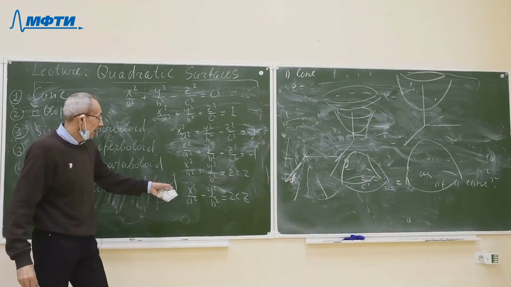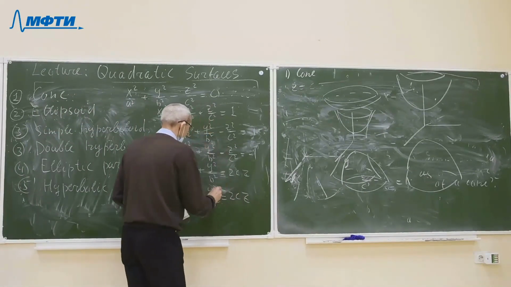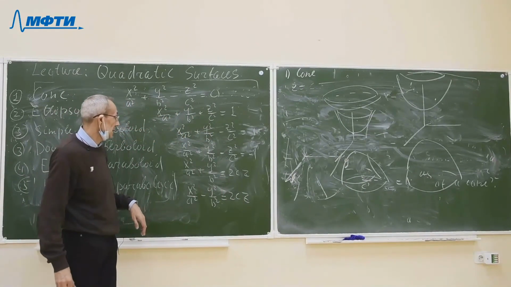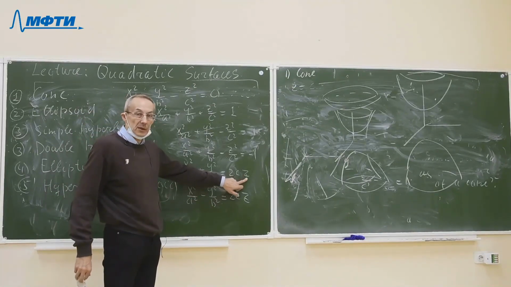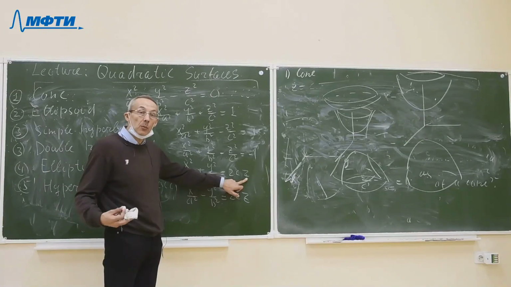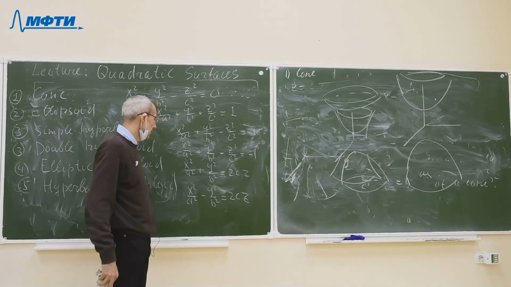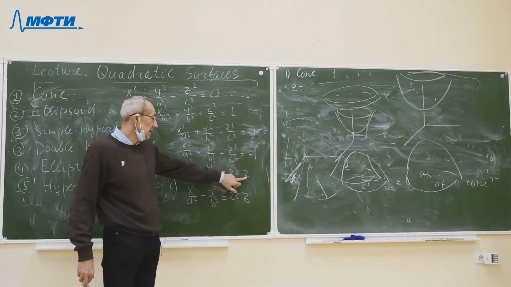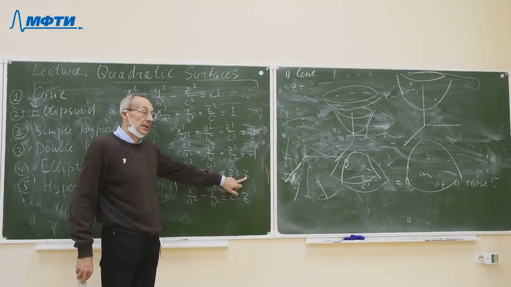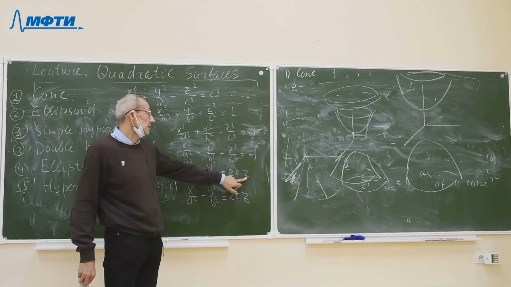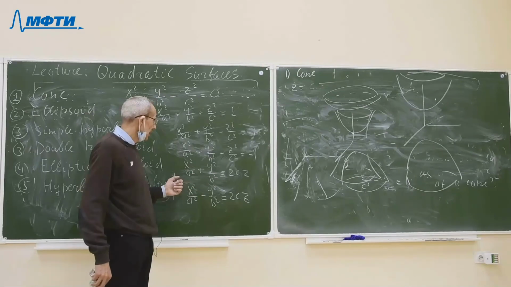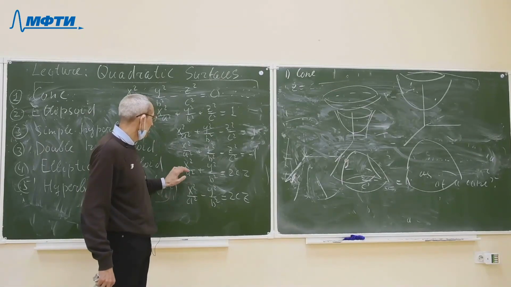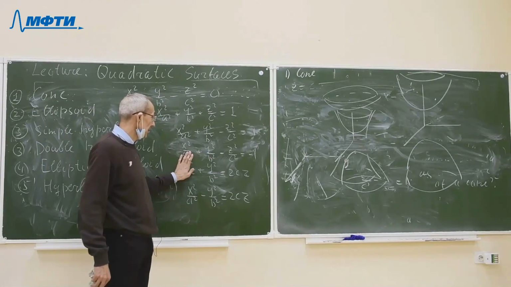Elliptic paraboloid. In this case, when z is equal 0, we obtain a one-point set. When z is positive, we obtain an ellipse. And if x is equal 0, we obtain a parabola.